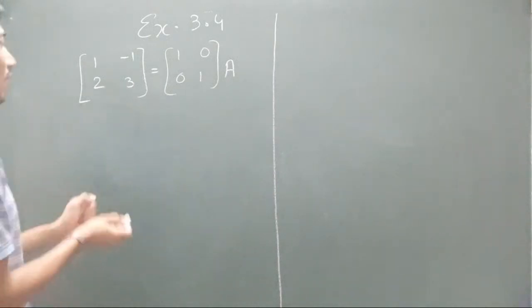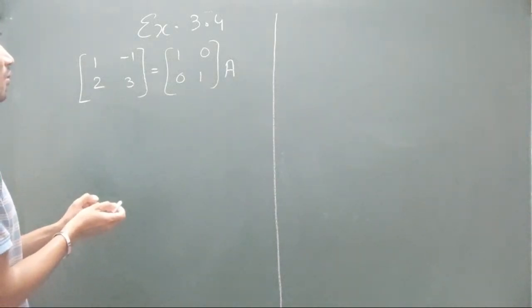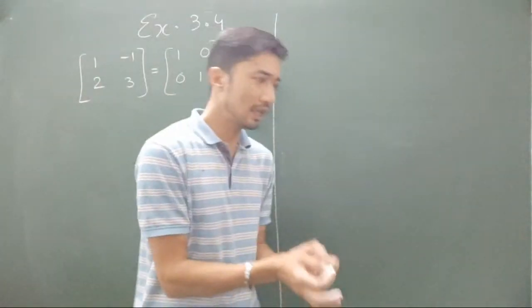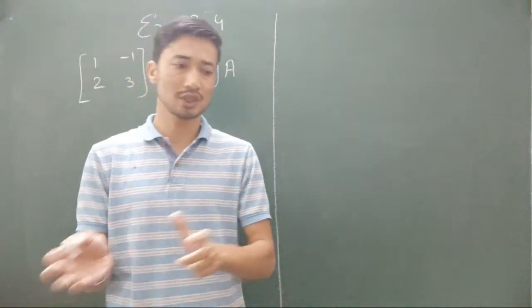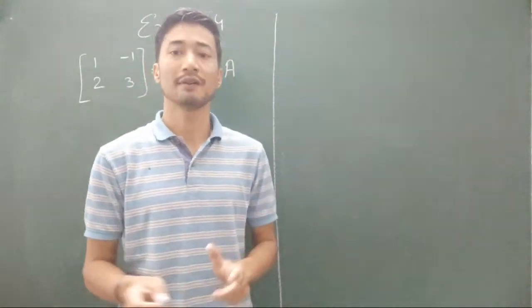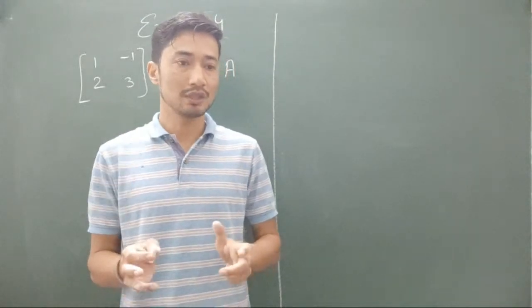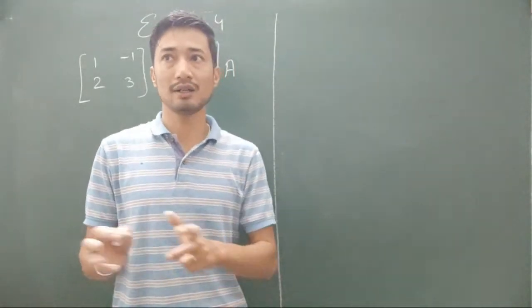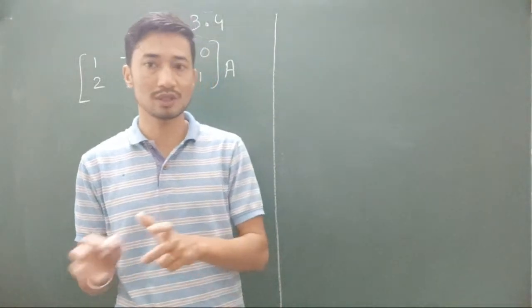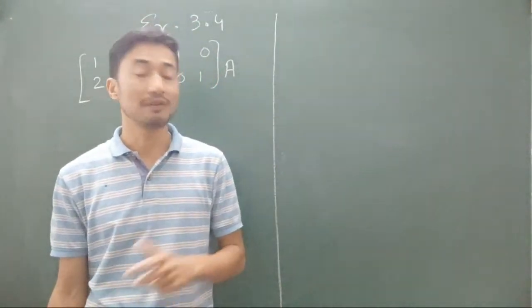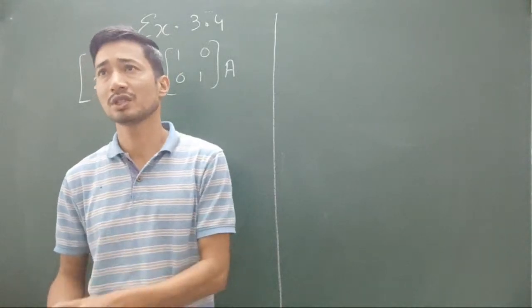Alright, now there are a lot of tricks and tips which we apply. But there is no hard and fast rule or tip which will let you solve your problems in just one step.